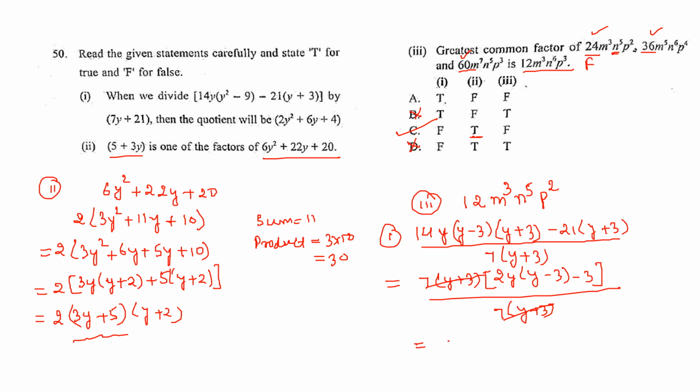So you are going to get the answer as 2y square minus 6y minus 3. But what is given here is 2y square plus 6y plus 4. So the first option is false, second is true, and third is also false. So from here we can say option C is the correct answer.